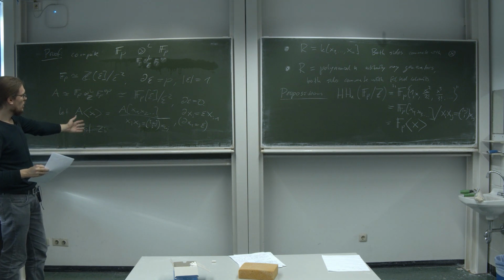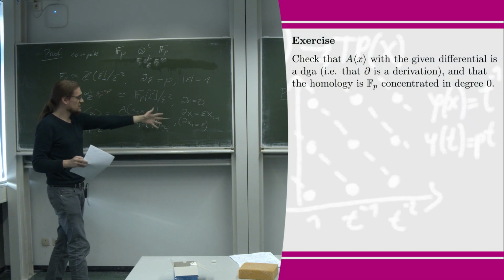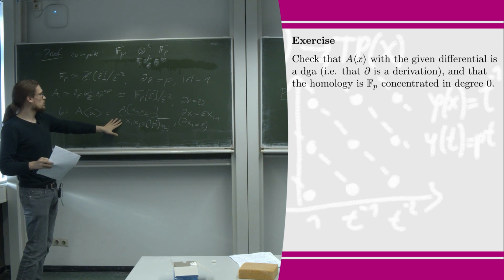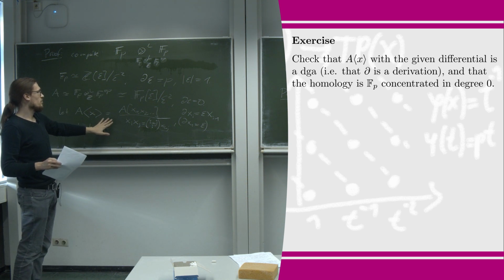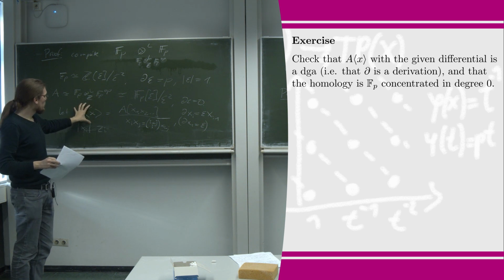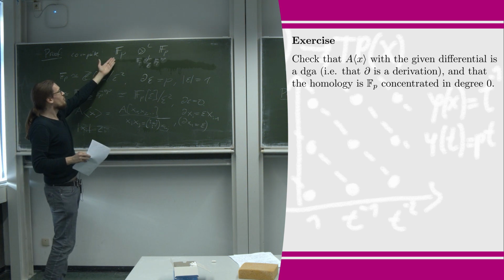Then you can check for yourself that with this differential, the resulting homology is really given by just Fp in degree 0. So this is a flat A-module which resolves Fp.